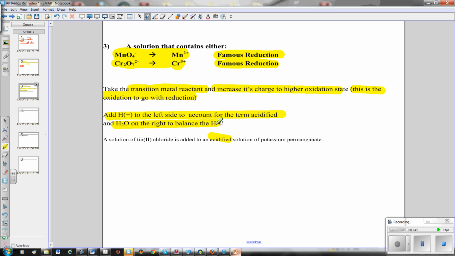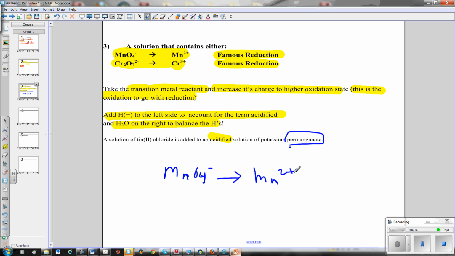So let's take a look at this problem. Start out by noticing potassium permanganate, but especially the permanganate right here. So I write out MnO4-, and then that's going to equal Mn2+. Okay. The next thing I'm going to do is, there's my reduction.